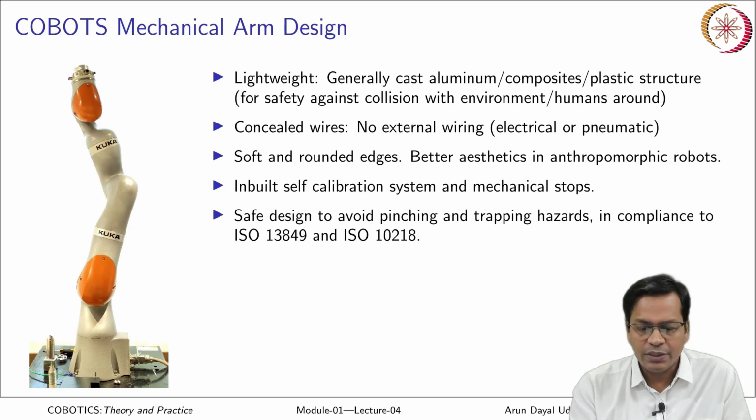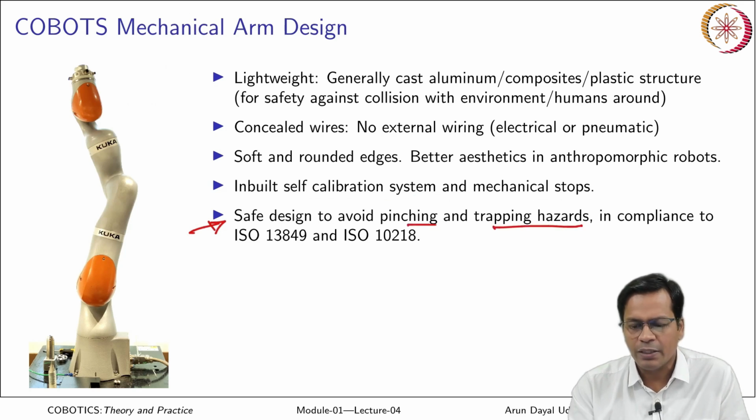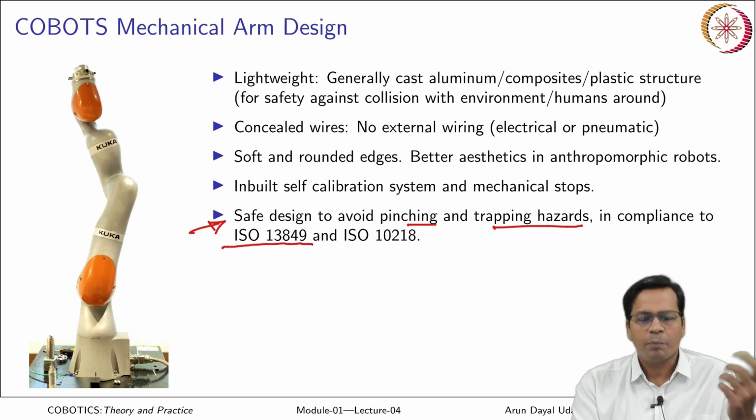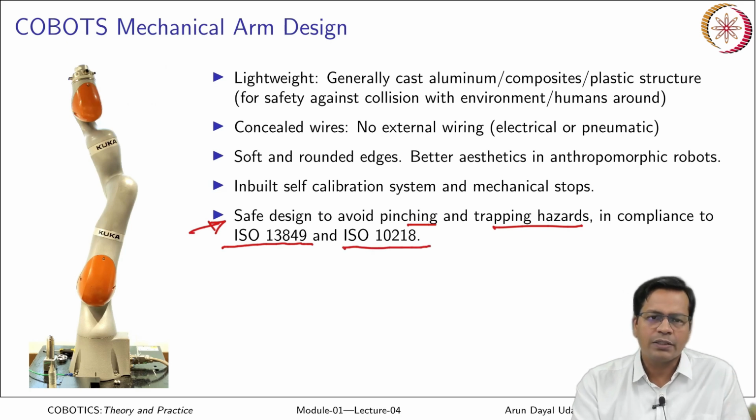Safe design is done so as to avoid any pinching or trapping hazard, in compliance with ISO 13849, the machine safety standard, and ISO 10218, the industrial robot safety standard.